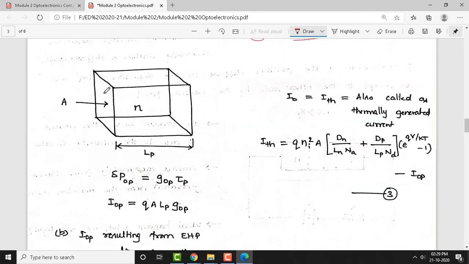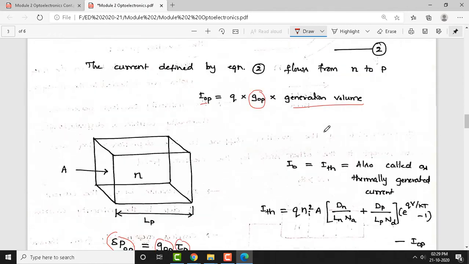Suppose you take just an N block of semiconductor material, and let us assume this is a distance L_p, the average distance where the holes will get diffused. The optically generated holes, delta p_OP, depend on tau p, the lifetime of holes, multiplied with G_OP, the optical generation rate.